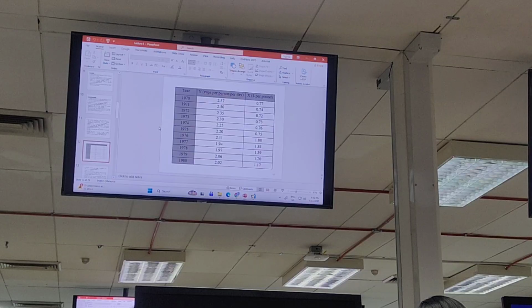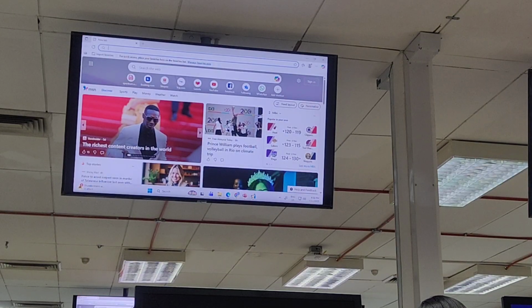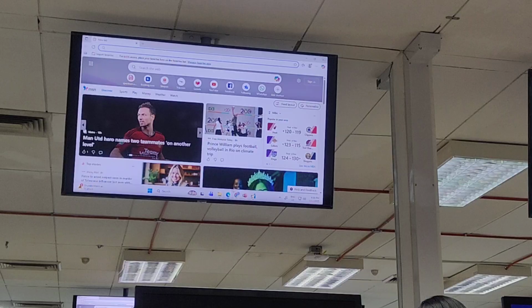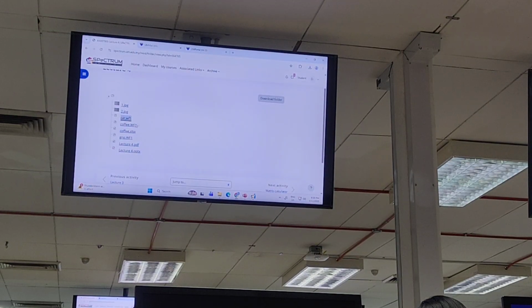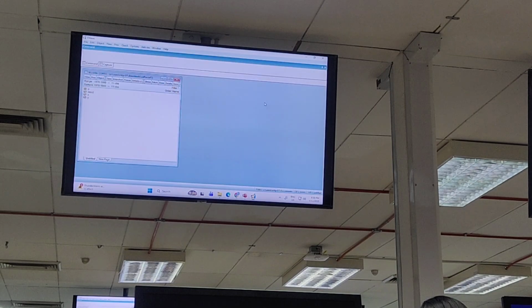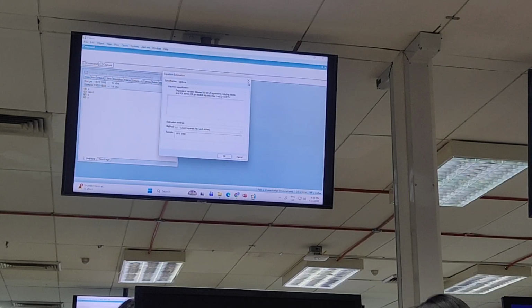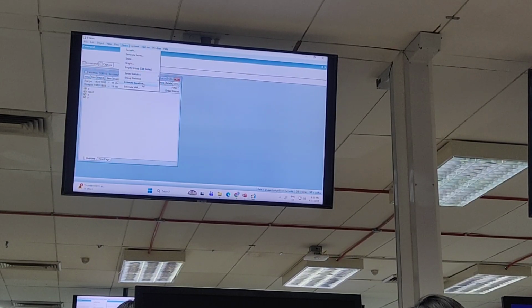So for example, you have this coffee data. If you just simply regress as usual, meaning that you estimate the linear model, you go to Quick, Estimate Equation, just like before.